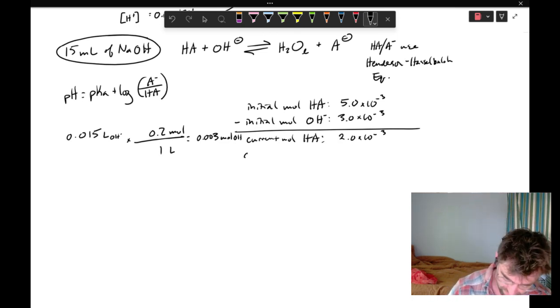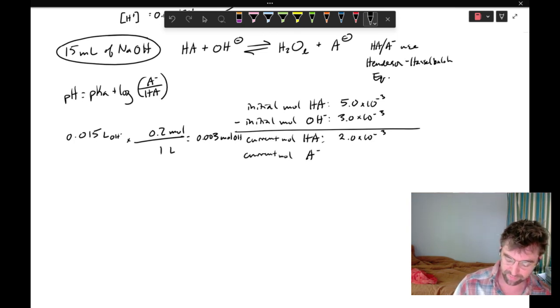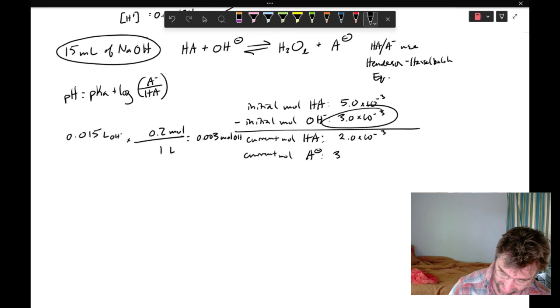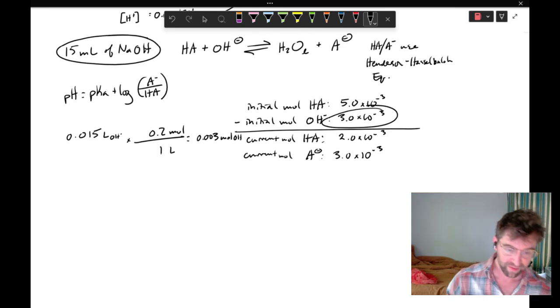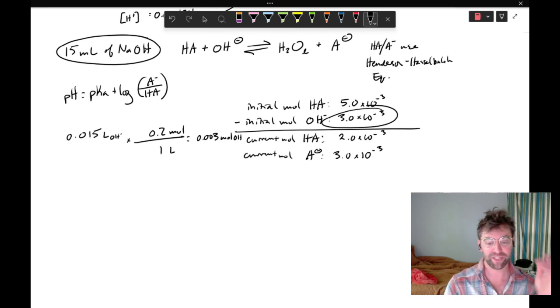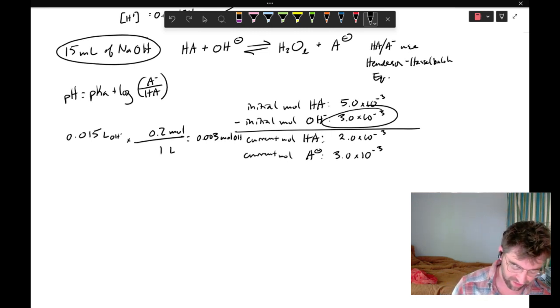And so we're not going to have any hydroxide left, but we are going to have this conjugate base. And that is the same as the concentration of hydroxide that was that dissociated. So that's 3.0 times 10 to the negative 3. Okay, so now we have all the information that we need to finish solving our Henderson-Hasselbalch equation.